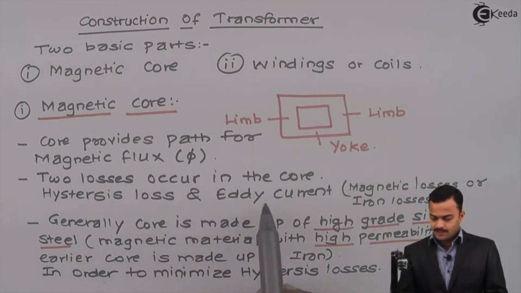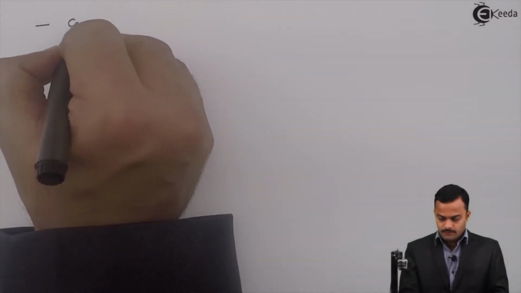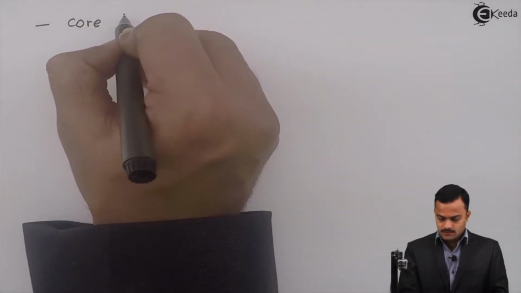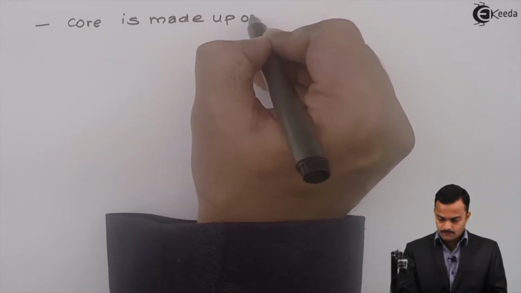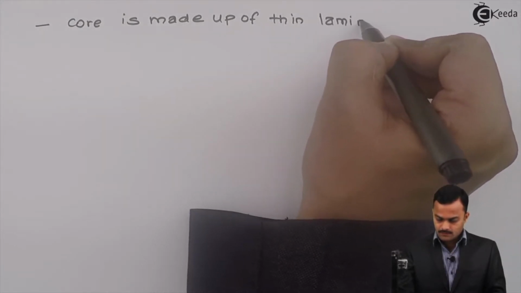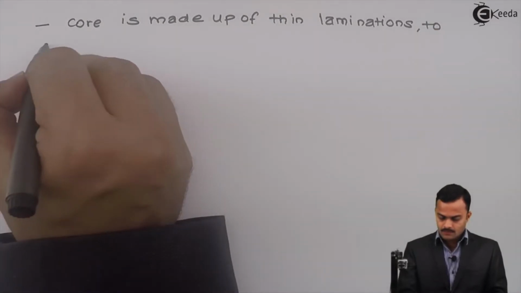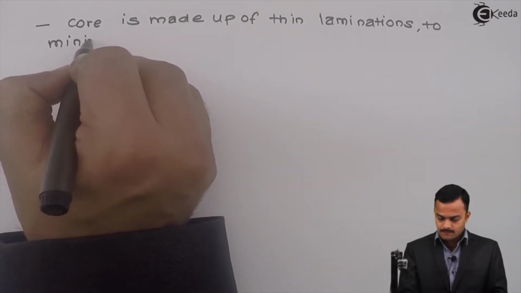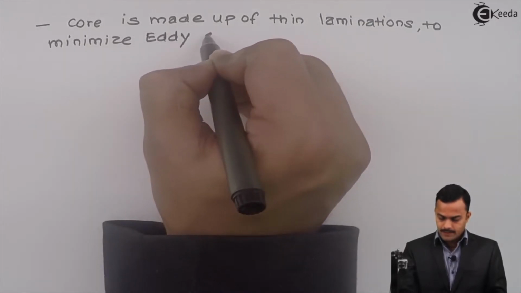Second loss is eddy current. So how to reduce eddy current loss? We make core which is made up of thin laminations, in order to minimize eddy current losses.